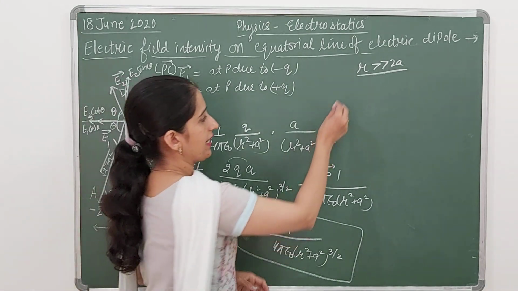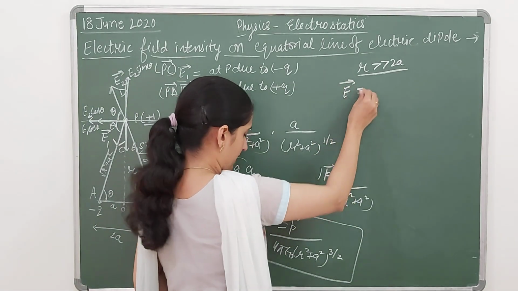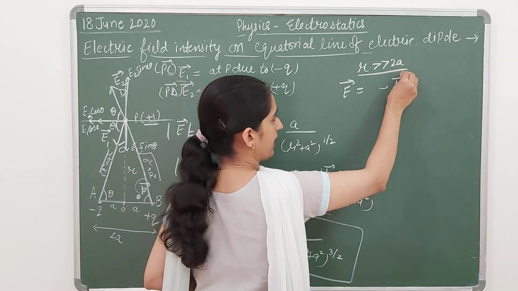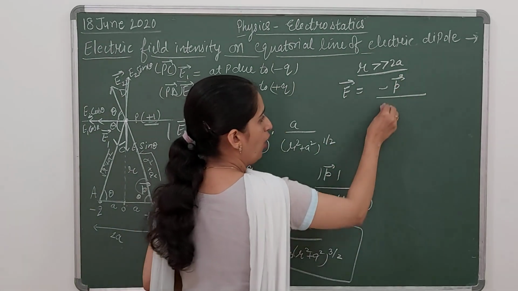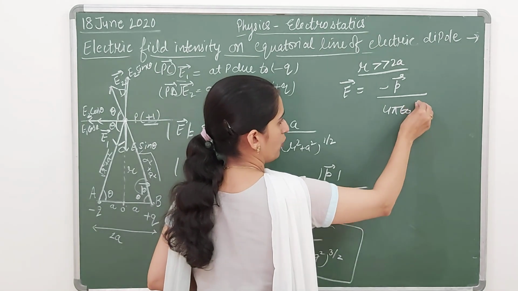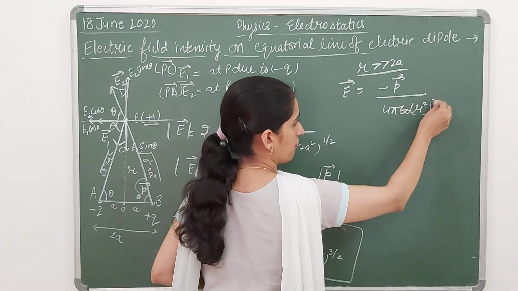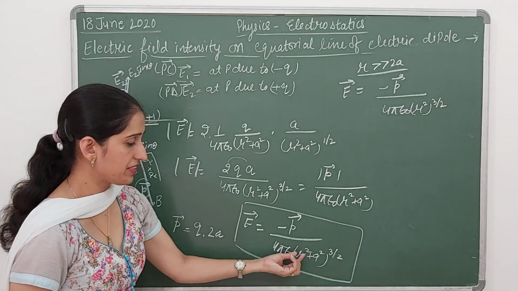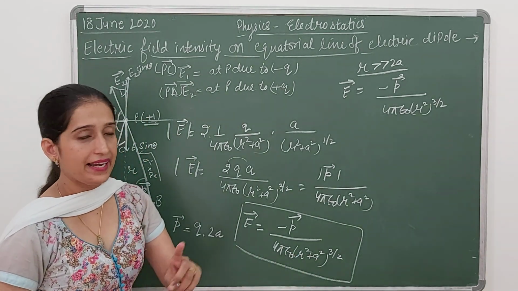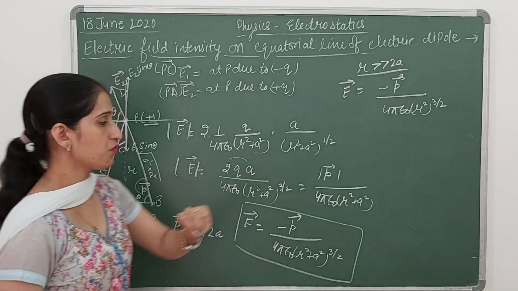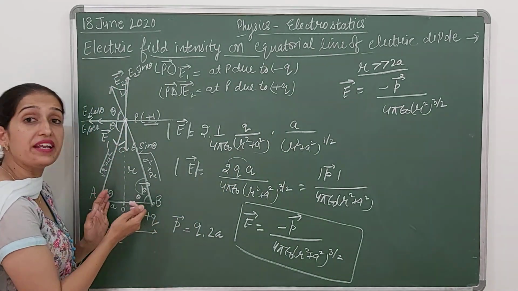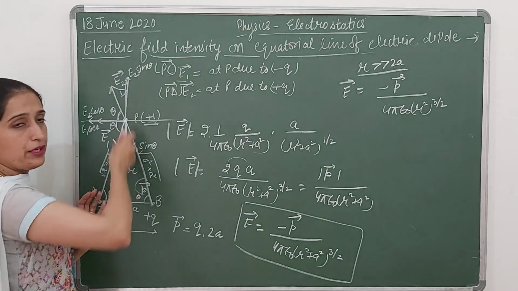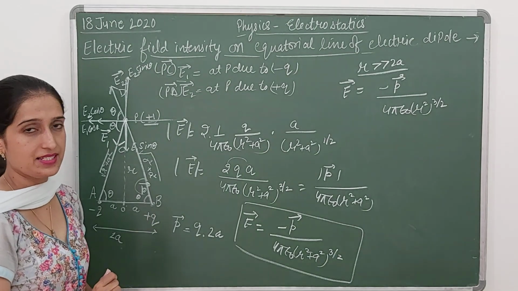So E will be equal to minus p upon 4 pi epsilon naught r square to the power 3 by 2, because in this special case we are taking the dipole to be very small compared to the observation distance.